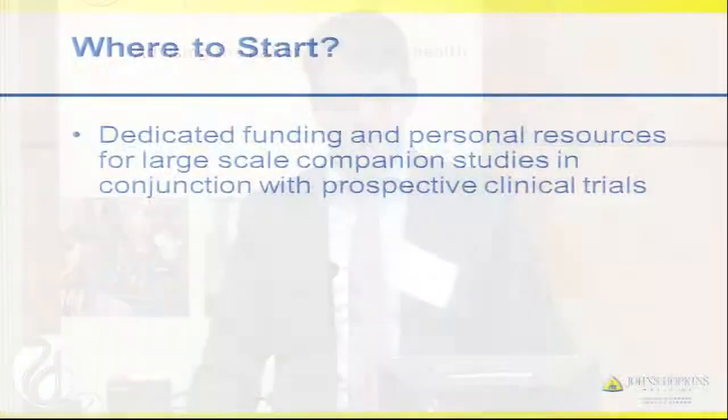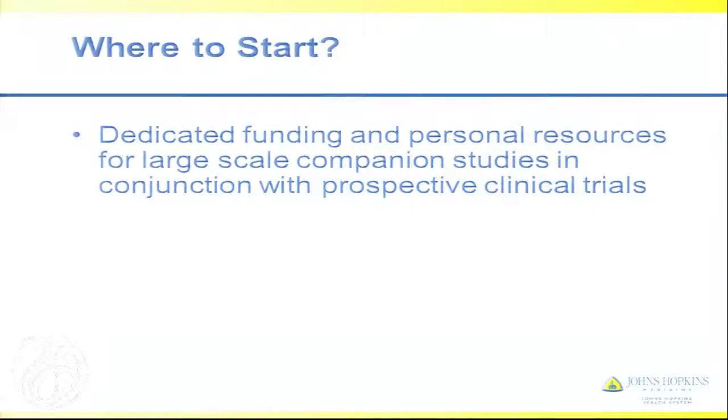So where should we start? This is a bit of a brainstorming process, and it might actually continue throughout this workshop. It would be good to have dedicated funding and personnel resources for large-scale companion studies to tack these circulating tumor DNA-based assays onto prospective clinical trials.